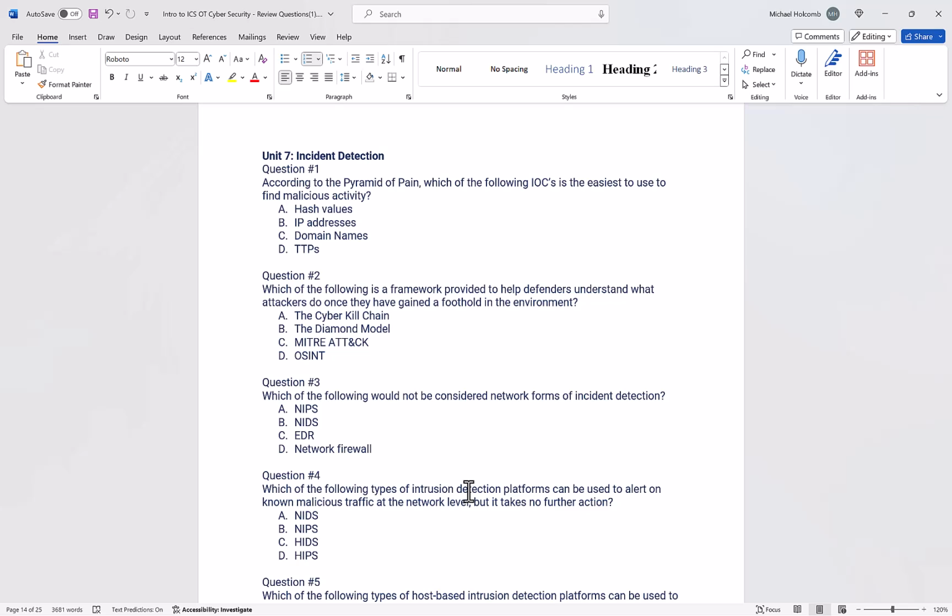The others are great indicators to track, right? IP addresses, but those IP addresses are not always going to be known to be bad. Once we let somebody know, hey, you've been compromised, an attacker's using your system to attack other people, they usually get that fixed and the IP address stops being malicious. Same thing with domain names.